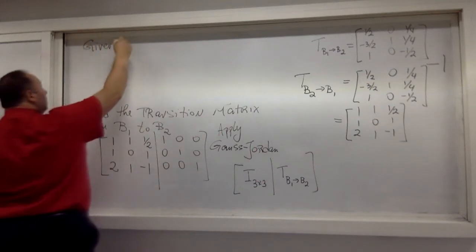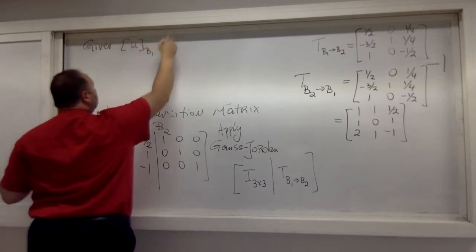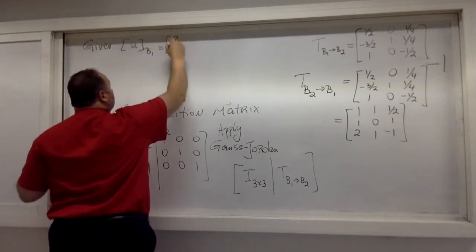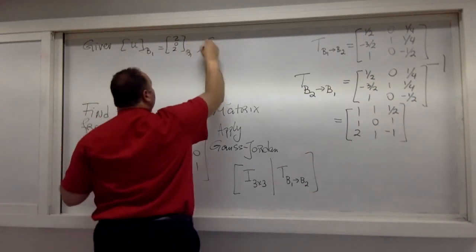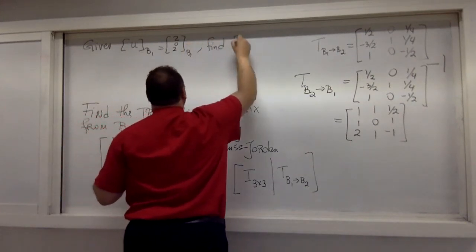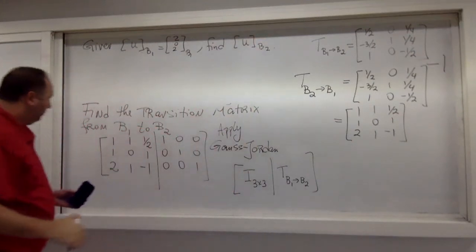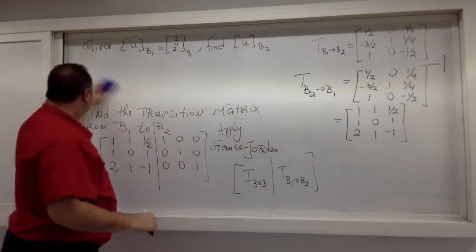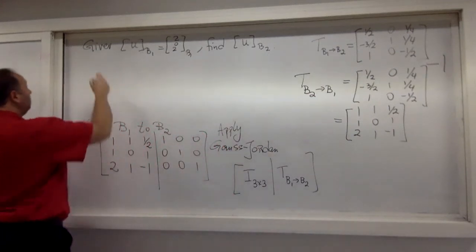Given U in B1 is equal to (2, 0, 2), find U in B2. All I need is to multiply these coordinates by the transition matrix from B1 to B2.